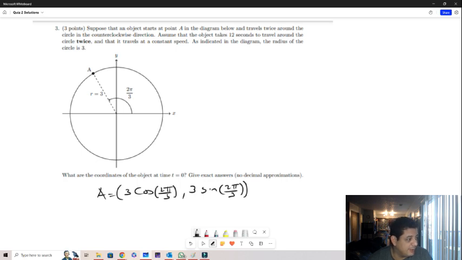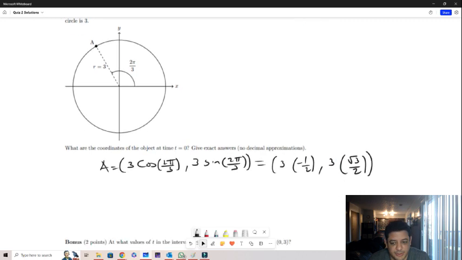Of course, then this is going to be 3 times minus 1/2, and then 3 times the square root of 3 over 2, which are the values for cosine of 2 pi over 3 and sine of 2 pi over 3.